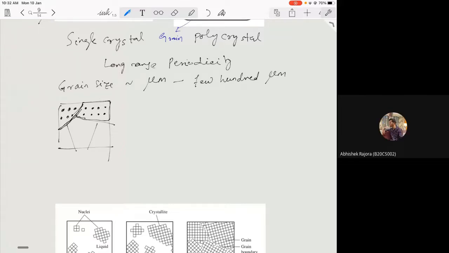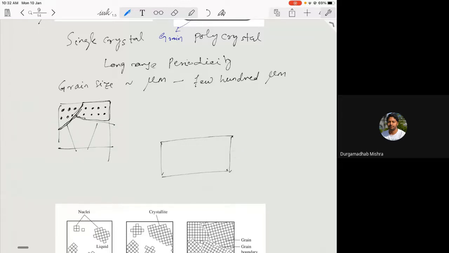Okay. If you think about bulk material, this may not happen, but when people go to thin films, your case will be very interesting. When you make thin films, for example, you have a silicon crystal. What we are doing is looking at a cross section.